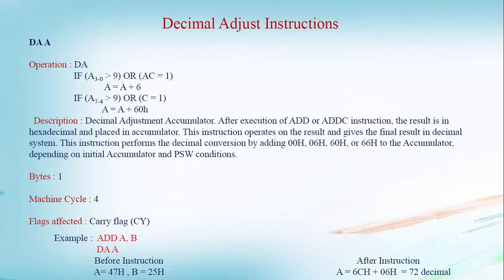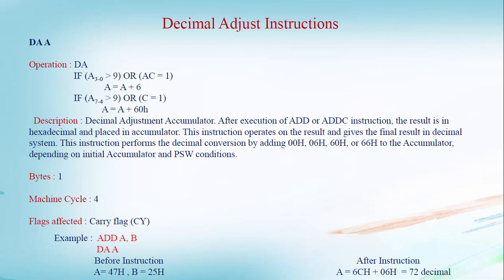So we can see, after the instruction ADD or ADDC gets executed, if the lower nibble of the accumulator is greater than 9 or the auxiliary carry flag equals 1, then A is added with 06H.